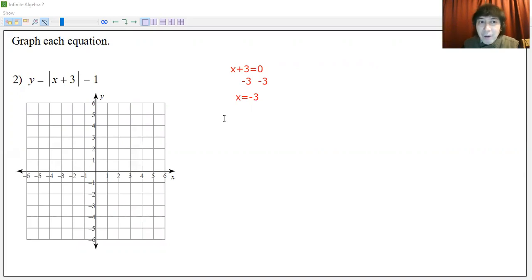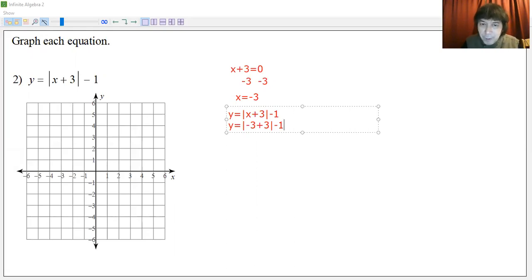Okay. Now, what is the value of y when x is negative 3? Okay, so we shall use this now. And this is the equation. Y is equal to the absolute value of x plus 3, minus 1. Okay, we shall now use the negative 3. So we have here y is equal to the absolute value of negative 3 plus 3, minus 1.